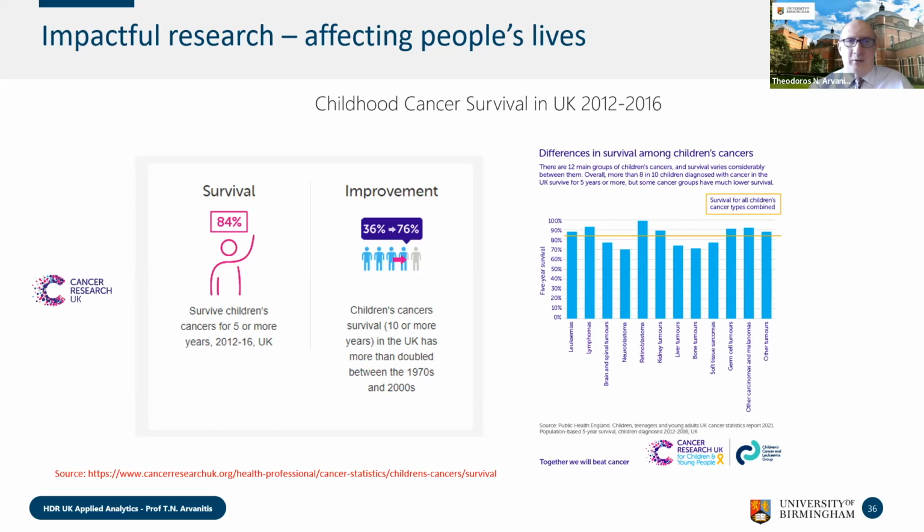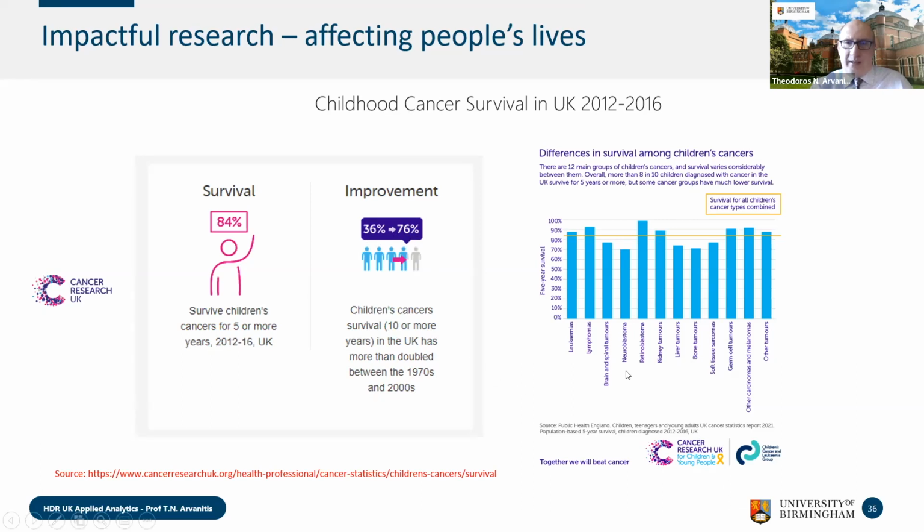And actually, if you look at the current statistics, unfortunately, Cancer Research UK and CCLG have statistics only up to 2016. It will be interesting to see what happens after 2016 with a pandemic in the middle. But you can see that from the 70s up to the early 2000s, we have had an amazing improvement in survivability, from 36% to 76%.